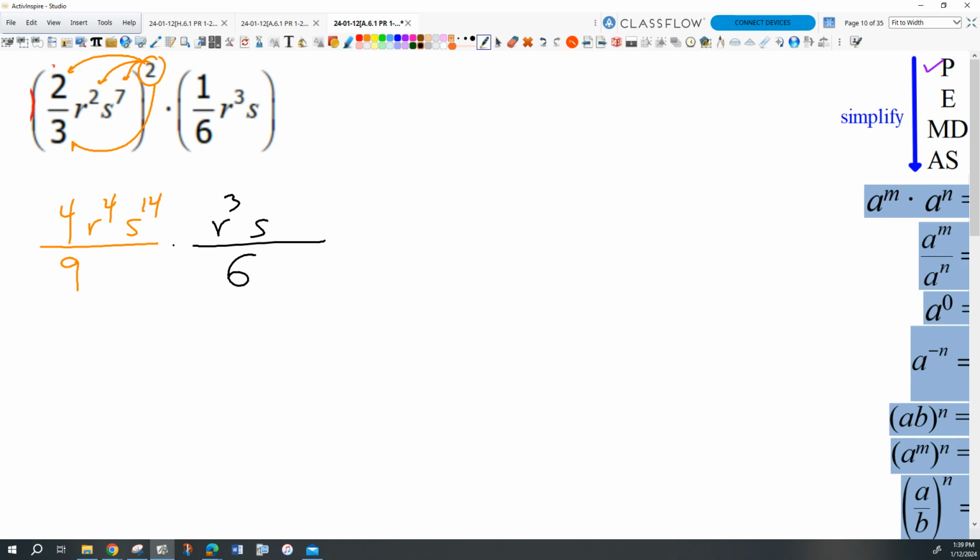Now, multiplying fractions is easy. We just multiply straight across, right? When you multiply two fractions, it's essentially just like extending the fraction bar. It's really all it does. We want to take advantage here when we're multiplying this out of properties of multiplication that we haven't talked about since the very beginning of the year. Remember, at the very beginning, we said that multiplication is associative and commutative, and that was useful to us.